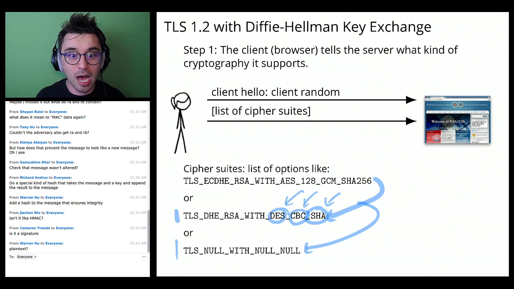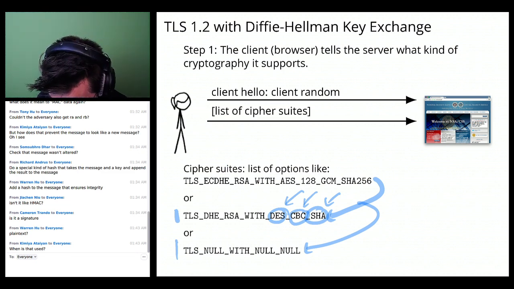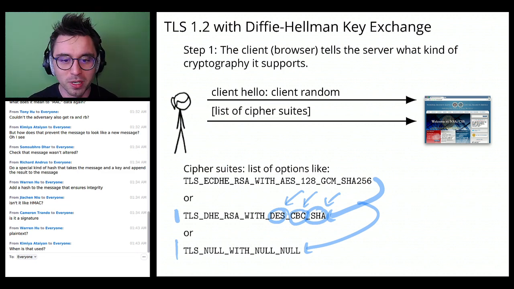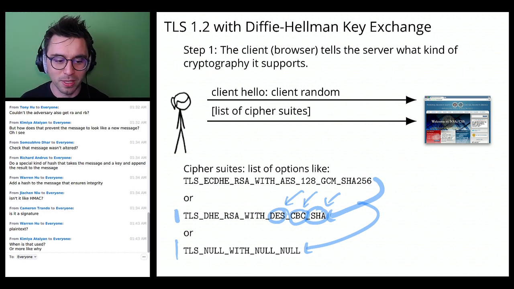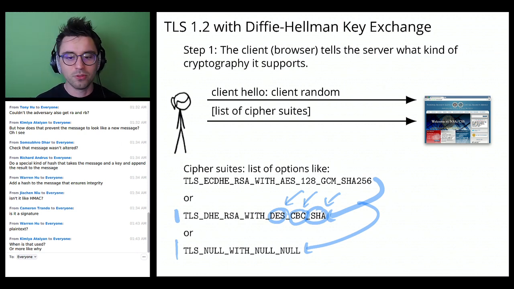Right. So there is an option for you to not actually encrypt and authenticate anything, which is kind of ridiculous, that we're negotiating the cipher suites that we're going to talk, and one of the options is, well, you don't authenticate and encrypt anything. Yeah, that's a really good question.